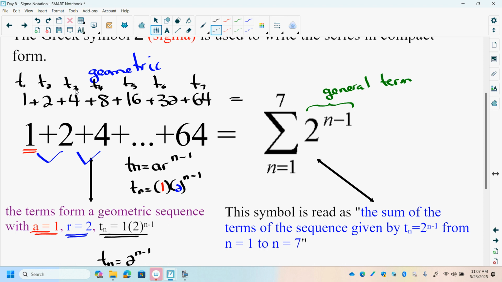If I put a 3 in, I'd get a 4. A 4 in, I'd get an 8. If I put a 5 into this general term, I'd get a 16. A 6 in, I get a 32. A 7 in, I get a 64. 7 minus 1 would be 6. 2 to the power of 6 would be 64. Start at 1, stop at 7. Is that fair? That is how I would write that in sigma notation.